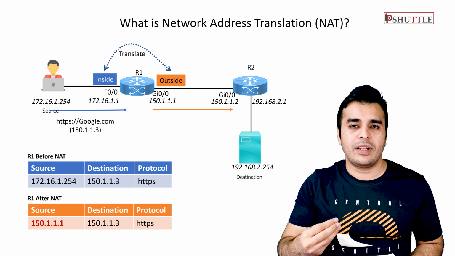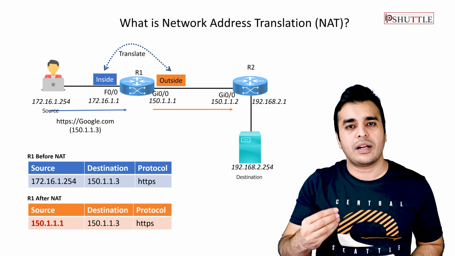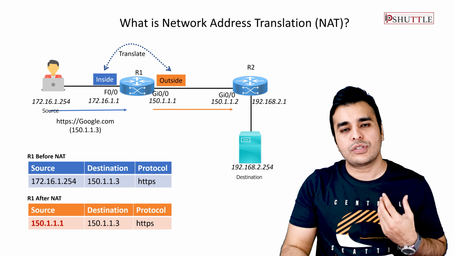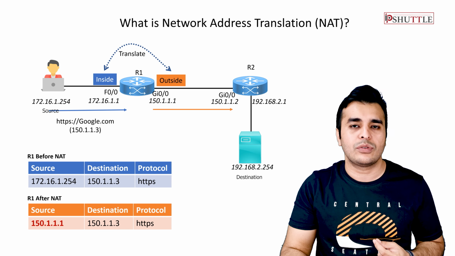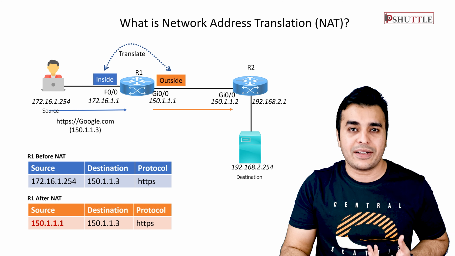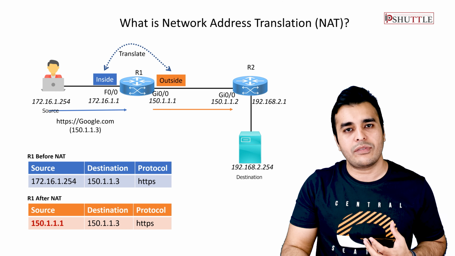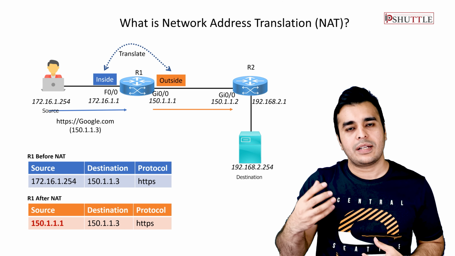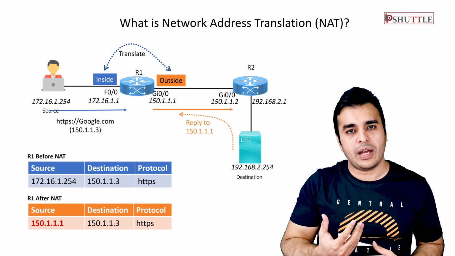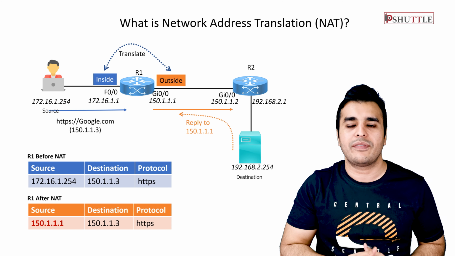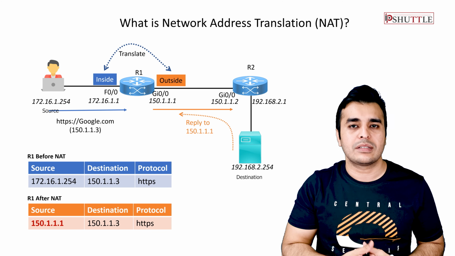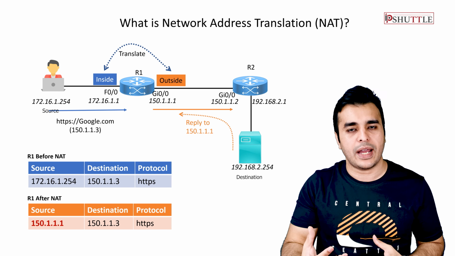When this packet reaches the router and the router tries to send it out, after the NAT your source will be changed. Your source will become the NAT address. Since the NAT address is a public IP address, the destination server will send the reply to the router interface IP address or router interface pool IP addresses where you have configured the NAT.